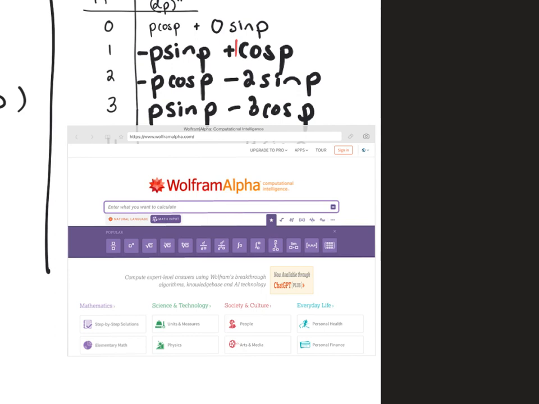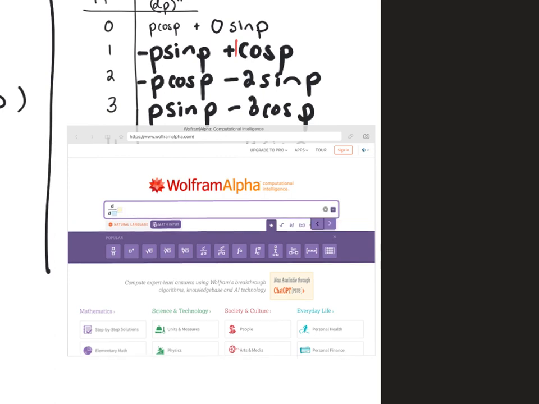Okay, so I'm just going to check my third derivative first. And unfortunately in Wolfram Alpha, even when you go to this math input area, they only go up to a second derivative. So if I want to get a third derivative, I need to nest some commands. So I'm going to do ddp.